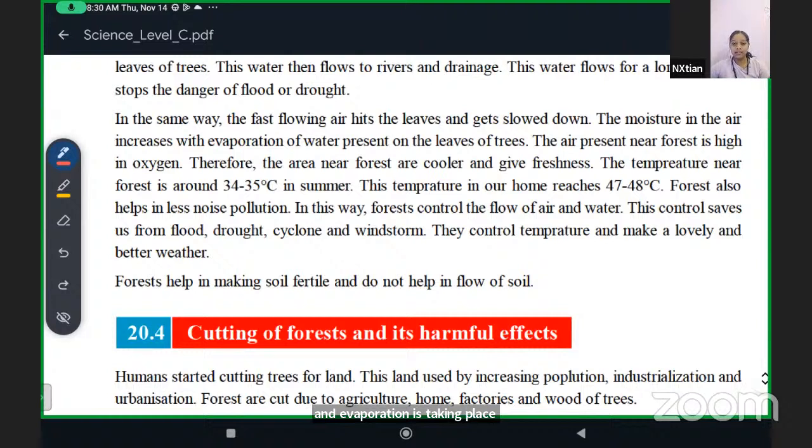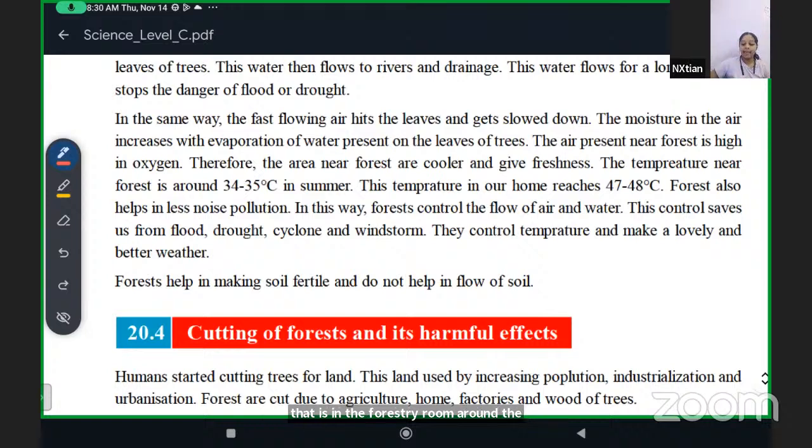And because it is a forest region where a lot of trees and plants are planted, they are going to release more oxygen. Because of that, the oxygen composition in the air around the forest region will be higher.